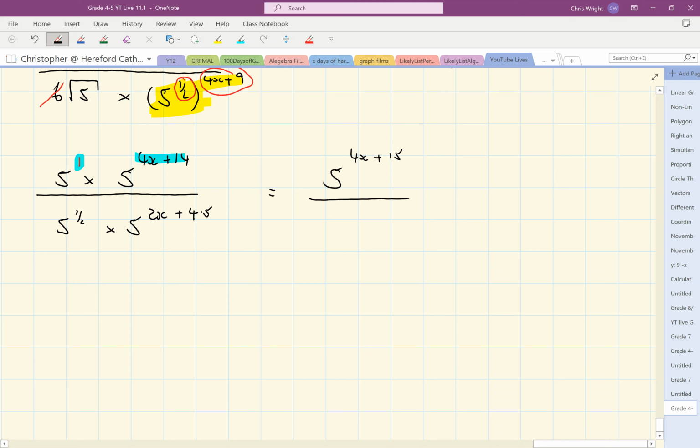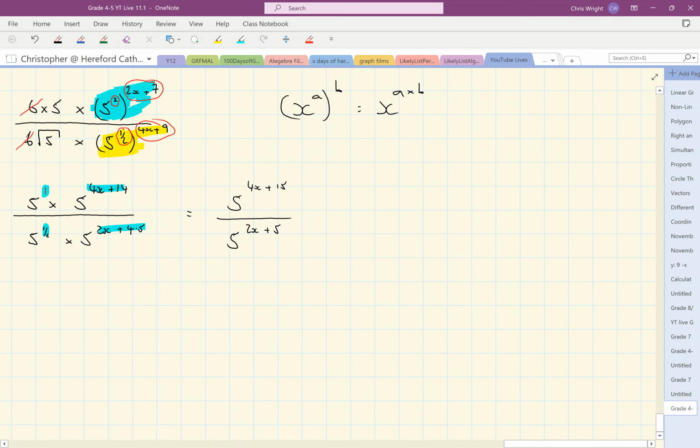And that is over 5 to the power of, and again, I'm going to add these indices. So 5 to the power of 2x plus 4.5 plus a half is 2x plus 5. Right, look at this. This is simply 5 to the power of 4x plus 15 divided by 5 to the power of 2x plus 5.